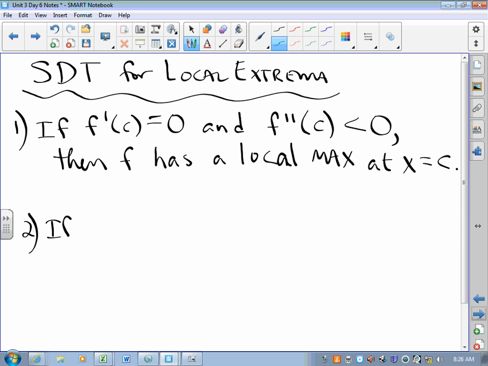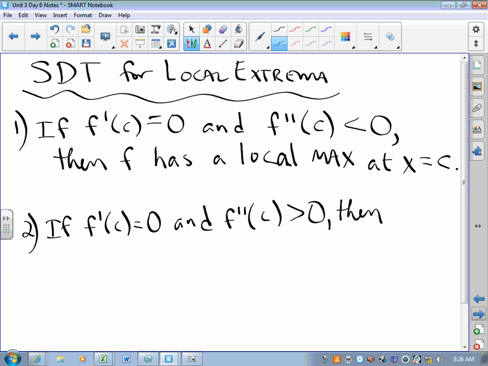Two, if f prime of c is 0, and f double prime of c is greater than 0, then f has a local min at x equals c.